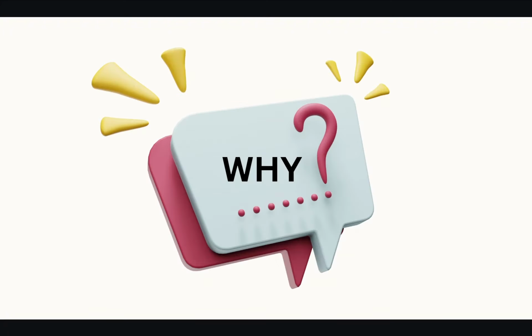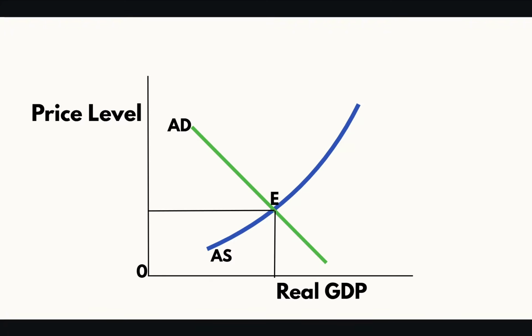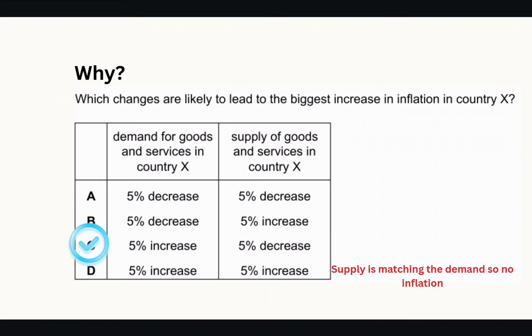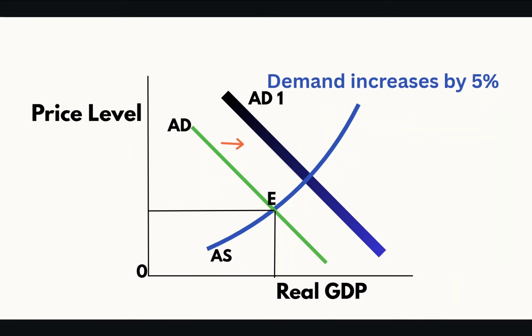Now, why is C the answer? Our original aggregate demand and aggregate supply curves and our general price level. Now for C, they said a 5% increase in demand and a 5% decrease in supply. There's a 5% increase in aggregate demand shifting to the right. That's an increase in aggregate demand.